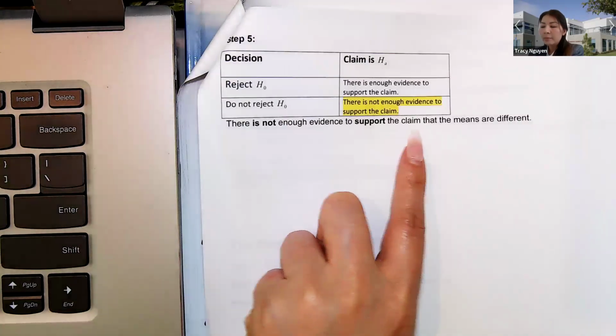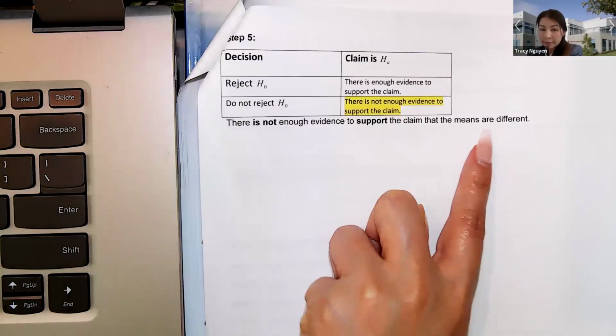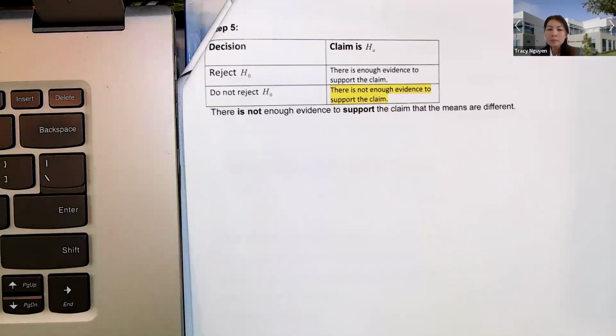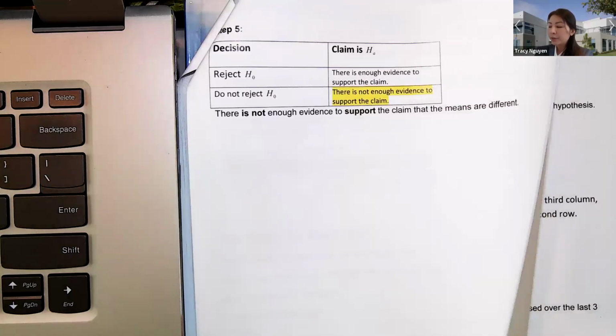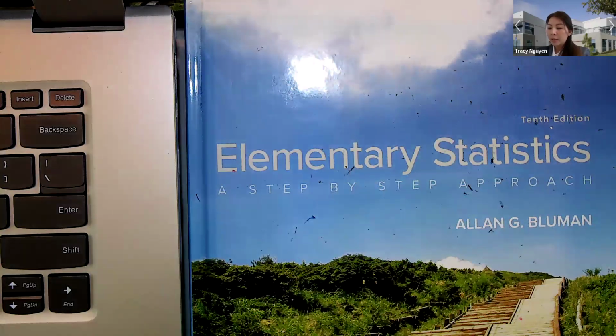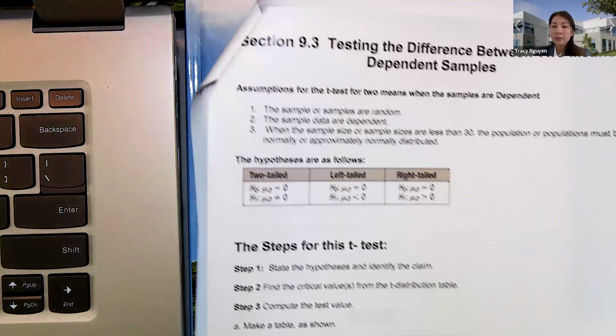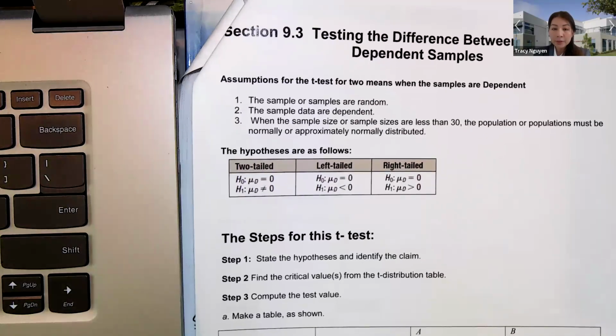So there is not enough evidence to support the claim that the means are different. So this is our last problem for section 9.2. I gave you 2 examples and 1 practice problem, and that concludes our lesson for 9.2.